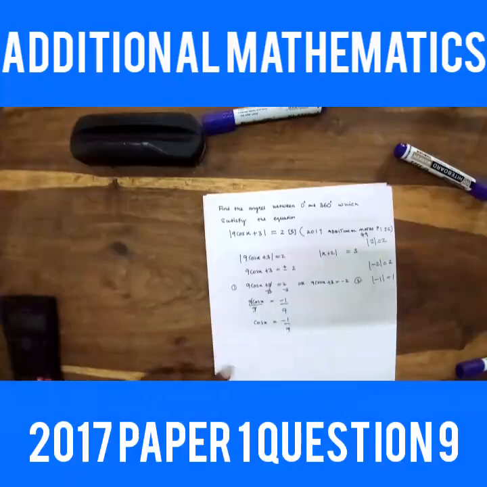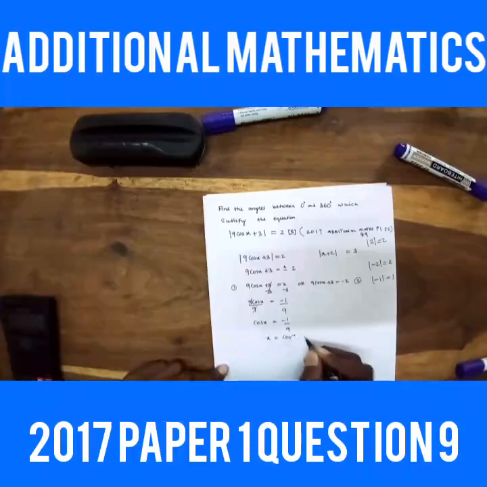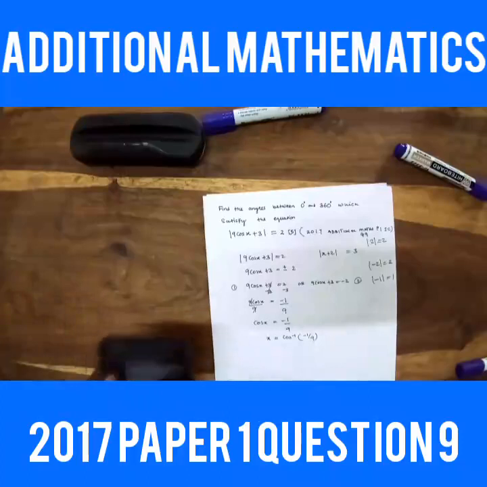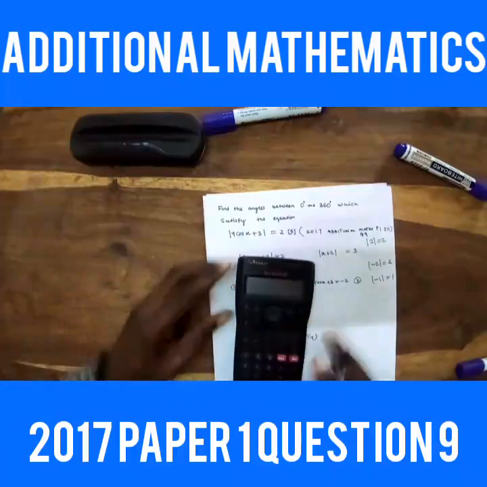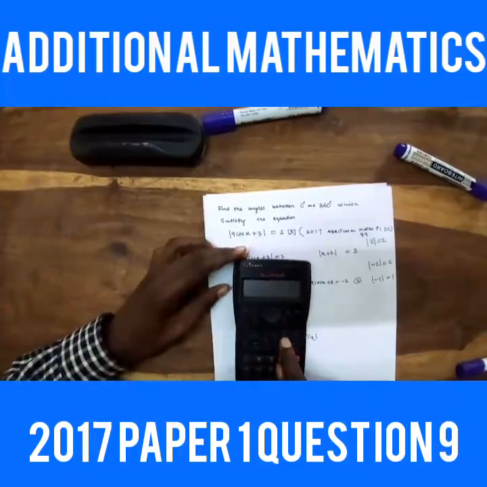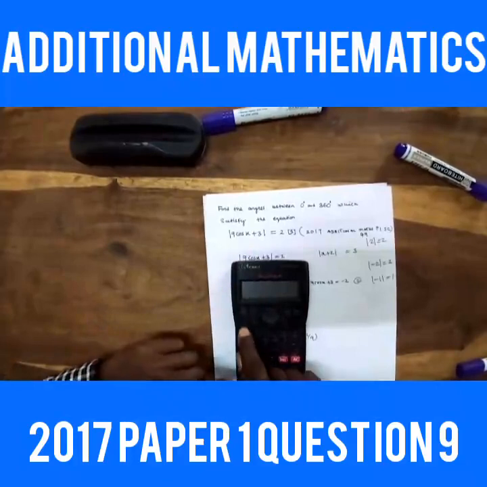Now we want to find the value of x. To find the value of x here, we take the inverse of the cosine on both sides. We shall have x equals cosine inverse of negative 1 over 9. So let's get our reference angle, alpha. Shift cosine inverse of negative 1 divided by 9.